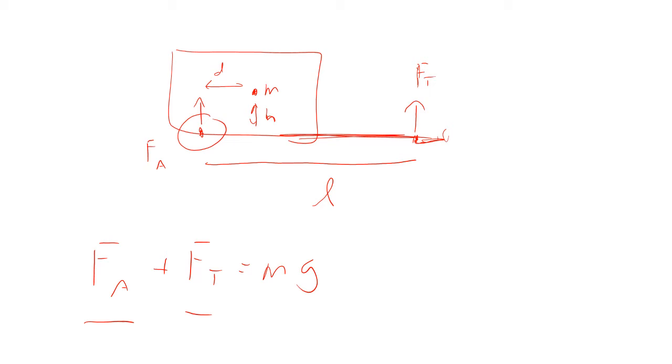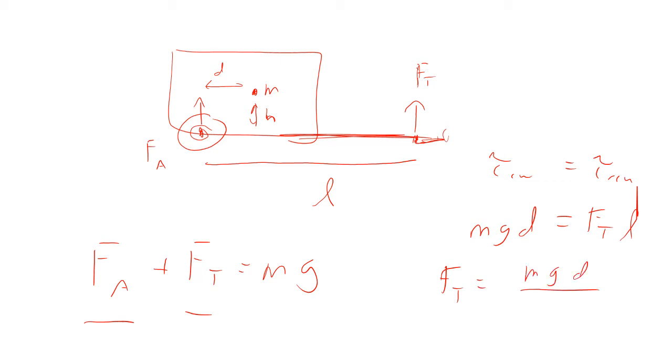If you put the axis of rotation right on the axle of the vehicle, then mgd, that's going to be the clockwise torque, has to equal the counterclockwise torque, and that's going to be FT times L. And so the force on the trailer hitch is mgd over L.